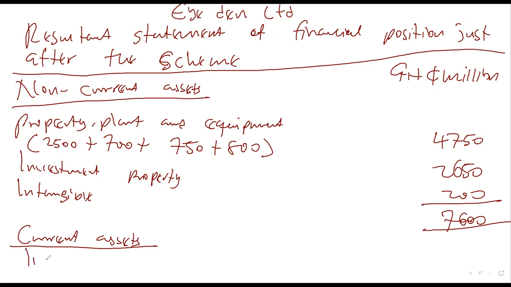Current assets, inventory. Going concern figure is 380 for inventory. The next is trade receivable.